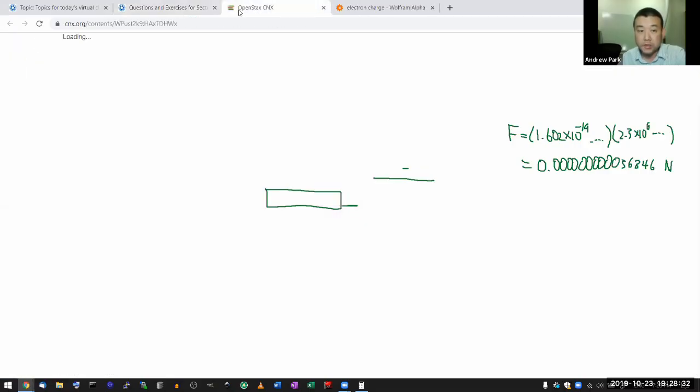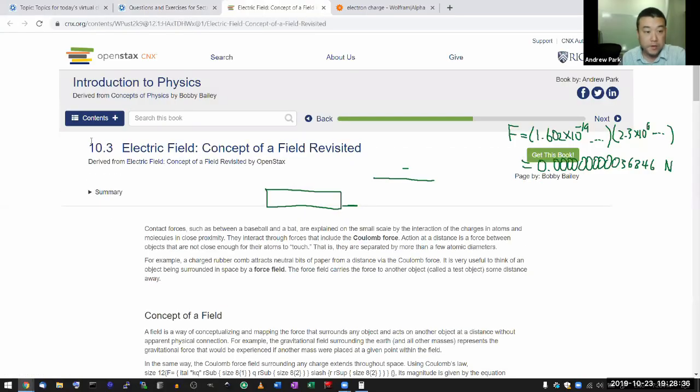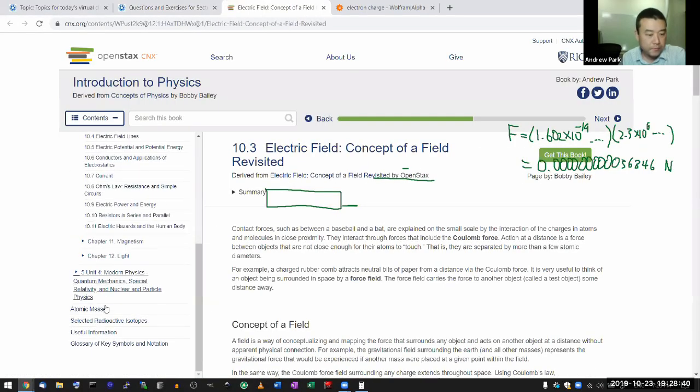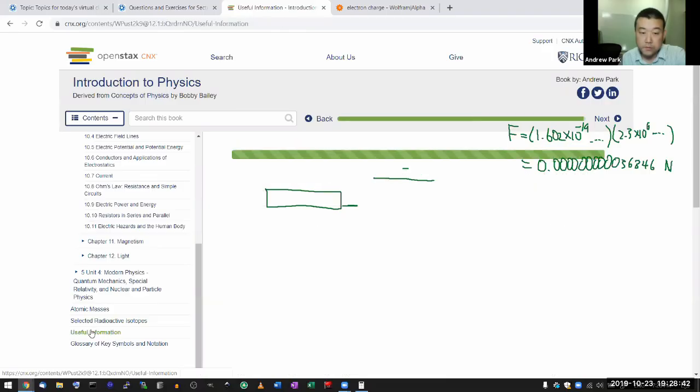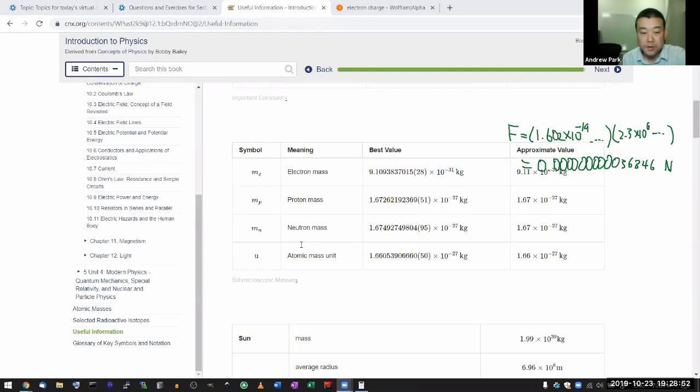The textbook has a section called useful information. It's at the very end. I think it might have been linked from something earlier. When you look at useful information, it has a bunch of tables that should be helpful to people who are trying to remember some numbers and pieces of information.